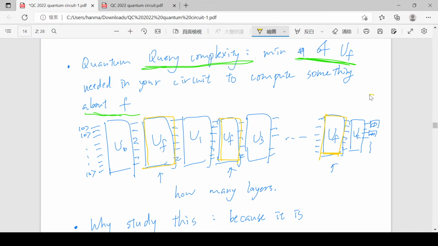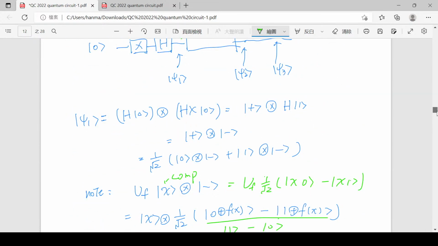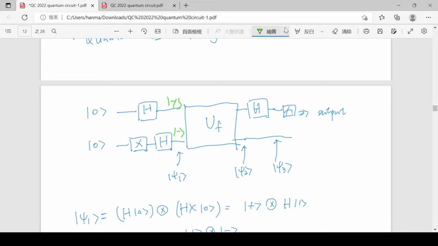So for example, in our Deutsch-Jozsa problem, we can compute f(0) plus f(1). That's what we want to compute at the end. And in terms of this layered picture, it's a very general thing.